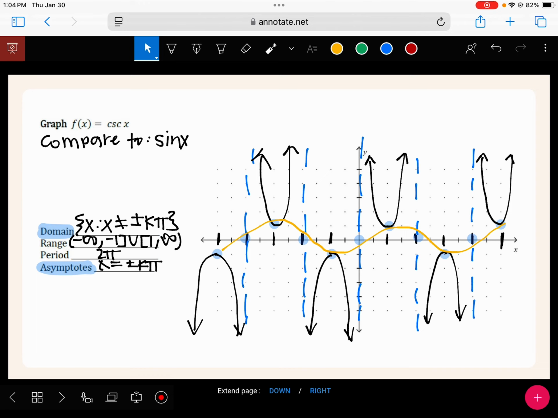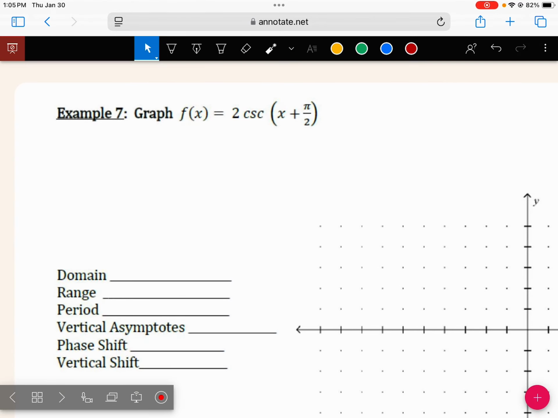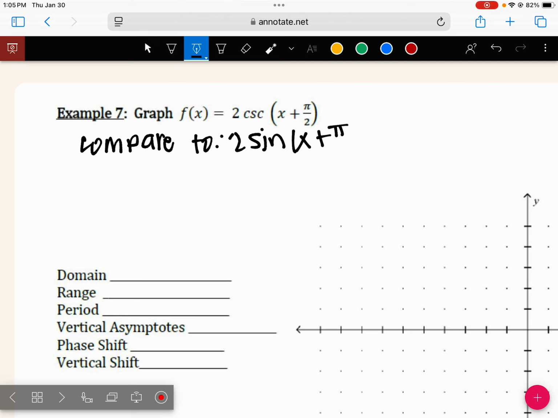We have 2 transformations to do, and then we're done. So this problem, we're going to compare to what function? Yep, 2 sine x plus pi over 2.